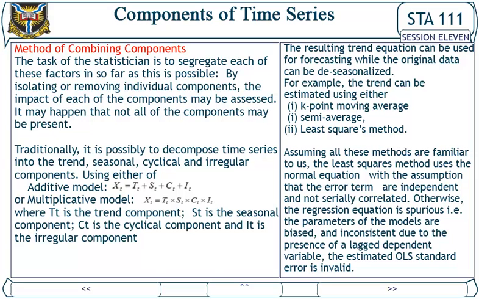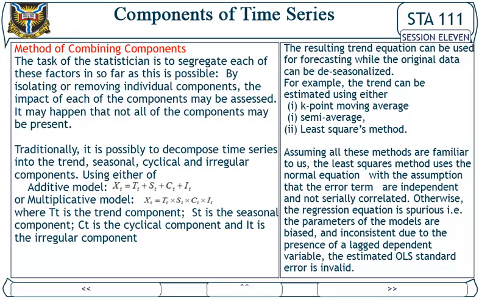For example, the trend can be estimated using either 1. K-point moving average, 2. Semi-average, 3. Least squares method. Assuming all these methods are familiar to us, the least squares method uses the normal equation Xt is equal to a plus bt plus et, with the assumption that the error terms et are independent and not correlated.